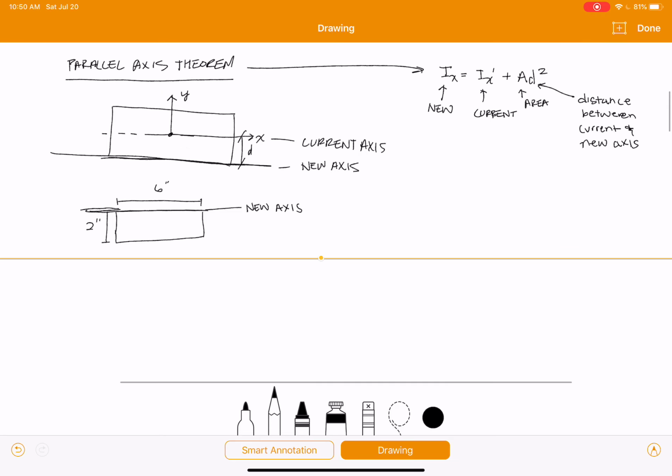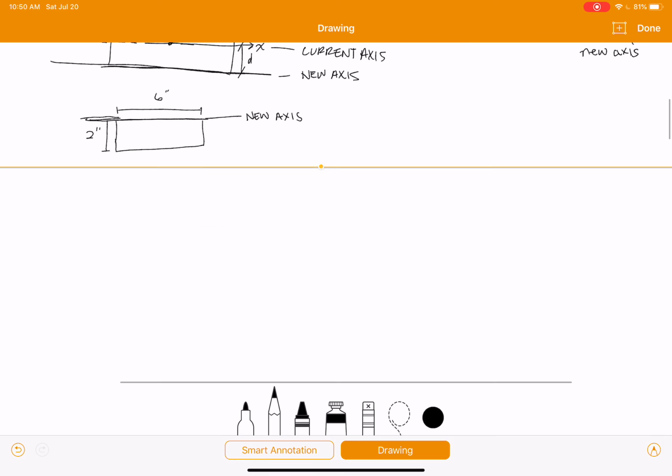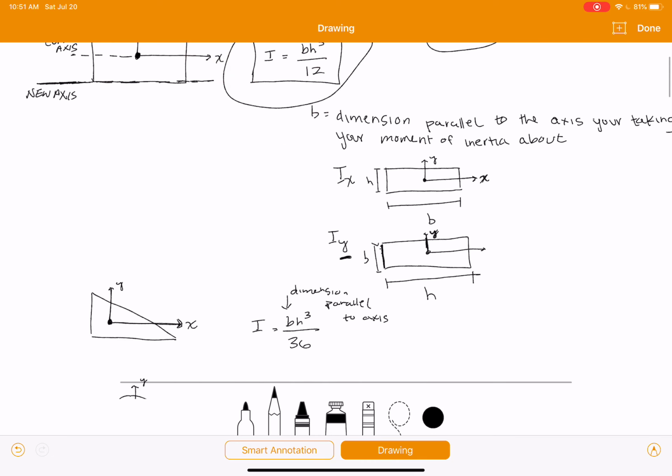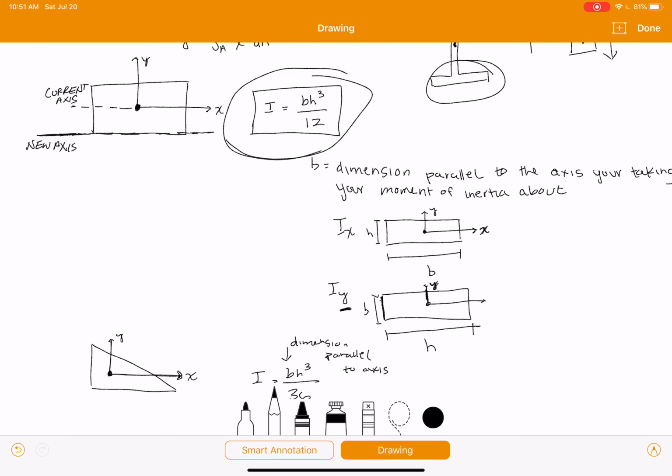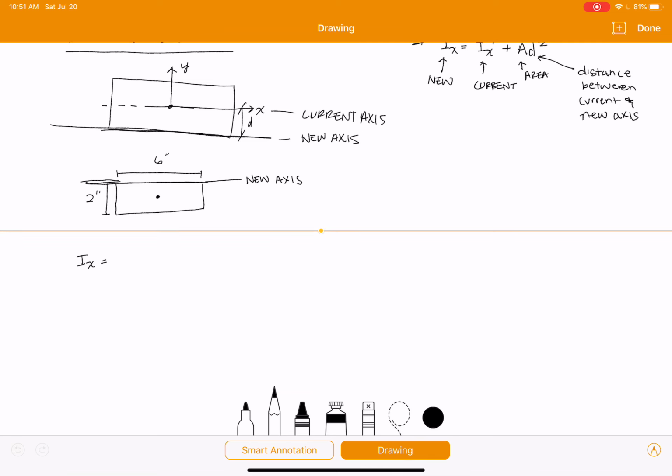So the first thing that we're going to do is find the moment of inertia about the current axis. So we know the Ix about its own centroid. Here, just from this table up here, we know that it's this equation right there. So Ix prime is going to equal bh cubed over 12.